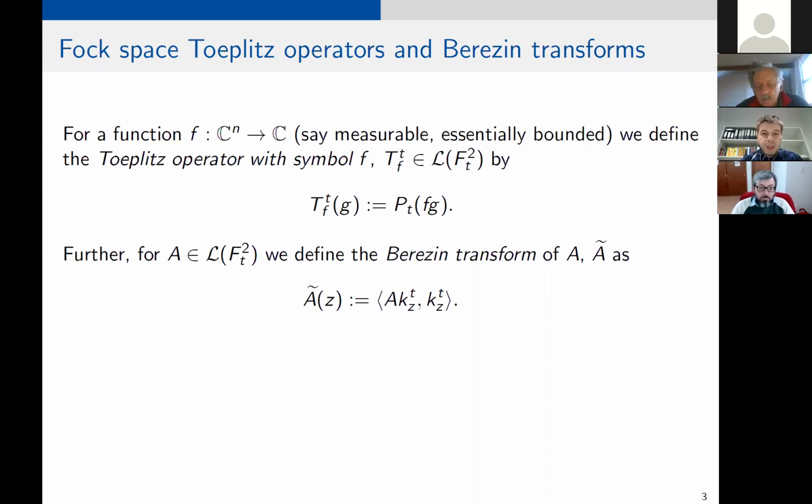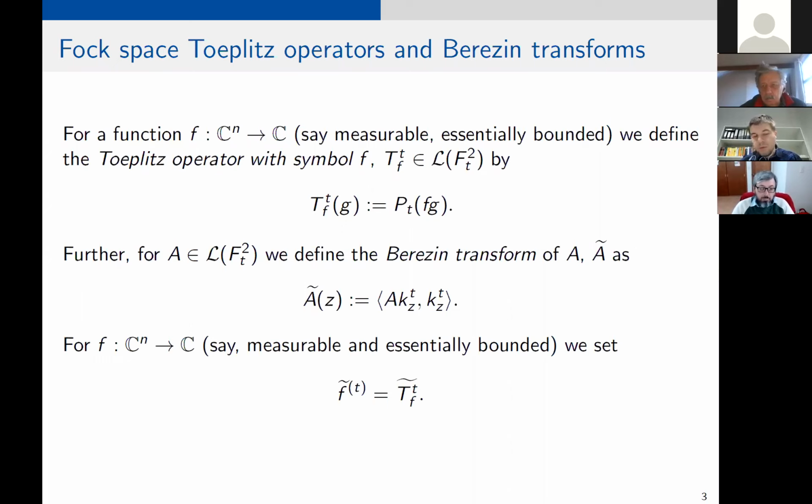This is the Berezin transform. With the Berezin transform of an operator, we also have the Berezin transform of a function, which is defined by simply the Berezin transform of the Toeplitz operator with symbol f. And since there is a choice here, we can choose the parameter t. We have to fix that in the notation of the Berezin transform of the function. All right, so these are Toeplitz operators and Berezin transforms.